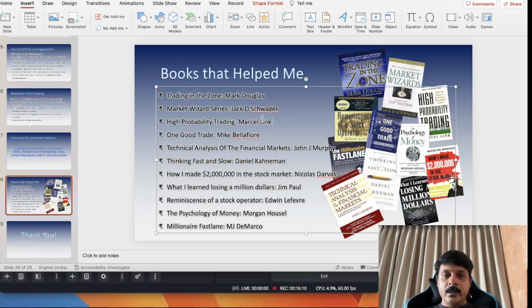And Marcel Link's High Probability Trading, and One Good Trade by Mike Bellafiore. These two books talk about the nuances of a lot of trading and intraday trading and other things. Really good ones. You can learn a lot about some of the strategies and some of the intraday trading styles. And this is like the Bible of technical analysis of the financial markets by John J. Murphy.